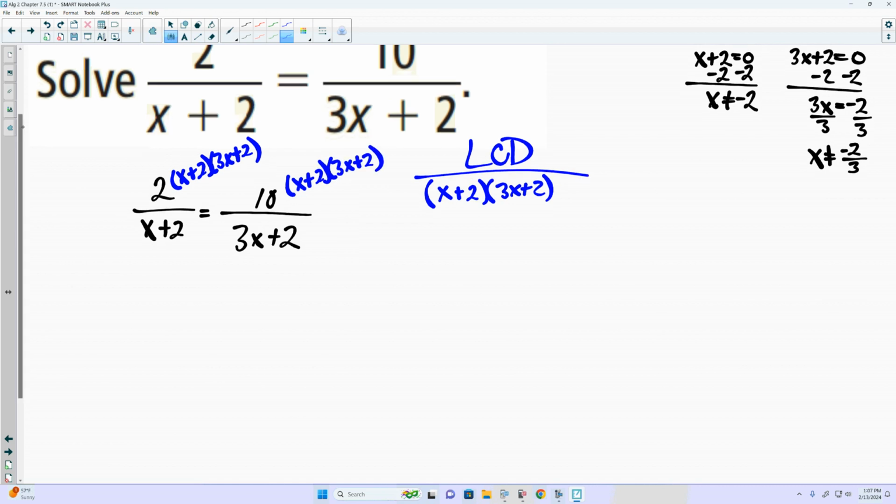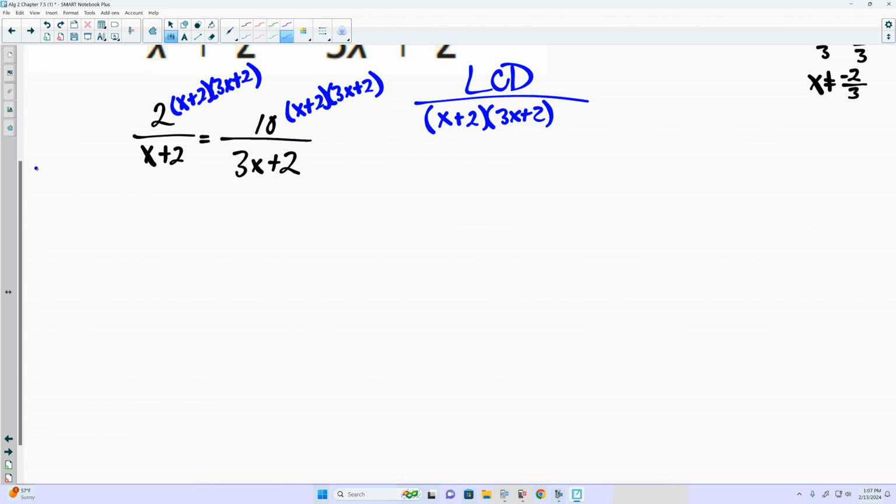Now, as we saw in the last one, the x plus 2 on the left and what we're multiplying it by will cancel, leaving us with 2 times. We'll still have the 10, but our 3x plus 2 cancels with that 3x plus 2, leaving us with 10 times x plus 2.